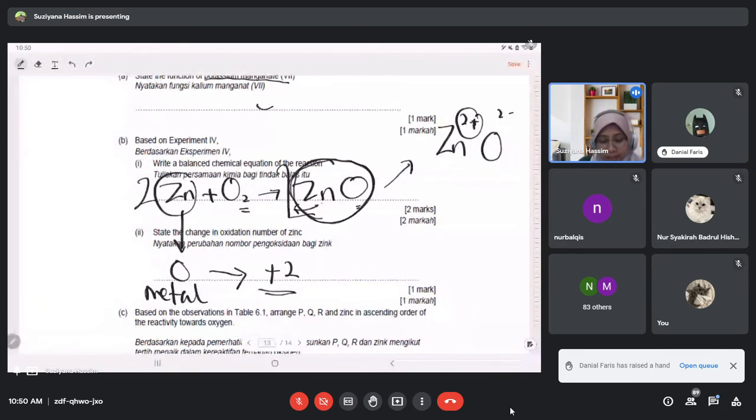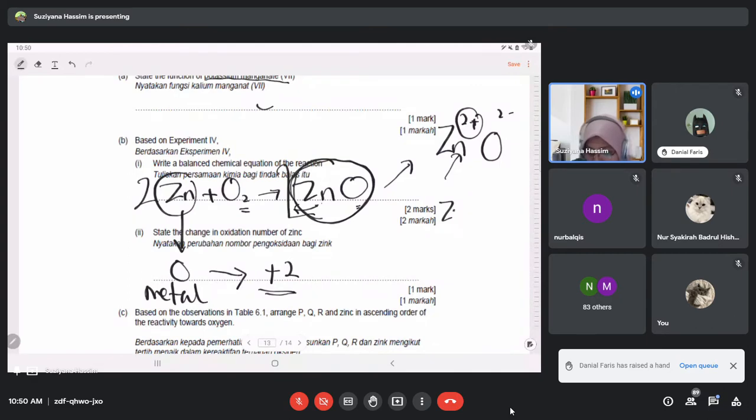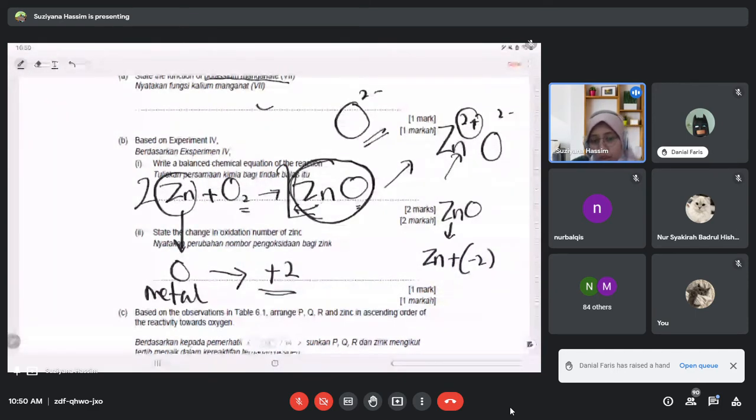Okay, teacher, if I forgot, how to calculate? Okay, I teach you how. ZnO. Zn you don't know, plus oxide is negative 2. The charge of oxide, O2-, is the charge of the oxide. So you substitute the charge here. And then after this there is no more, so equal. And then here you bring forward downwards. Any charge?